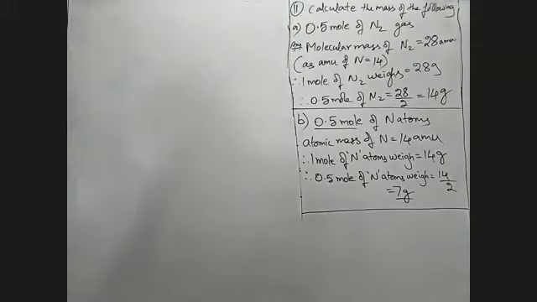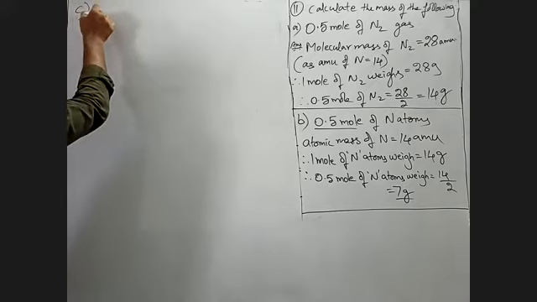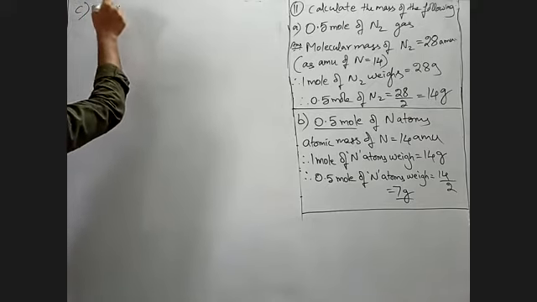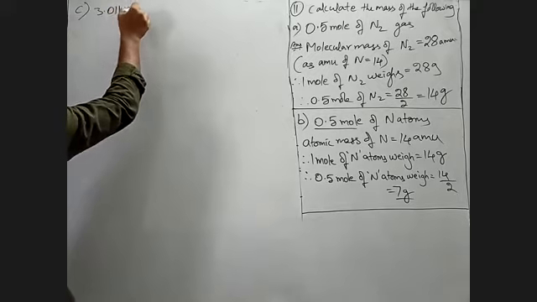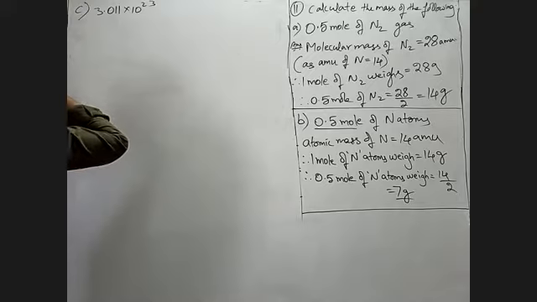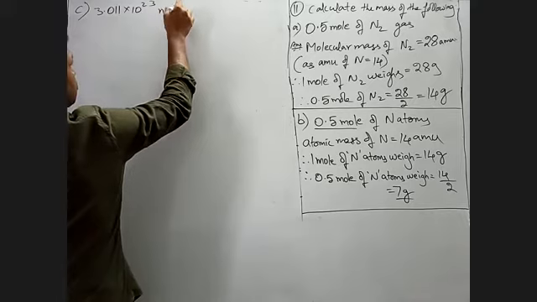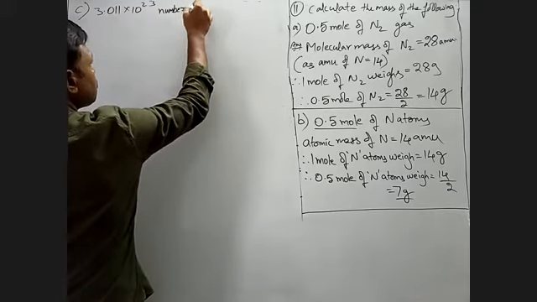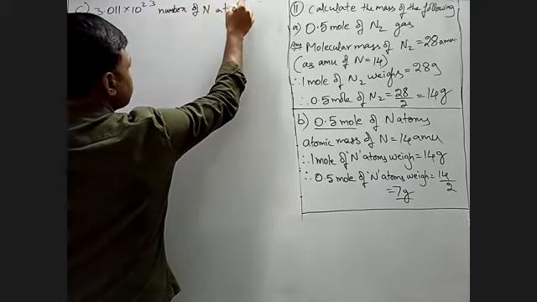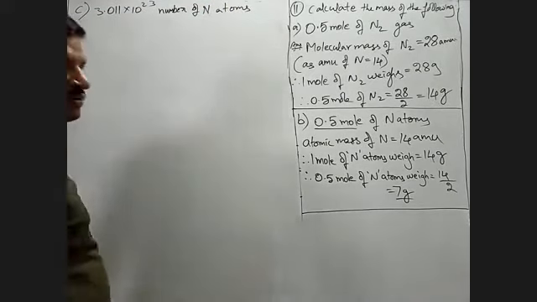So for the next question, what do we need to find? 3.011 into 10 power 23 number of N atoms. So it is very clear that we need to find the weight of this many atoms of nitrogen.